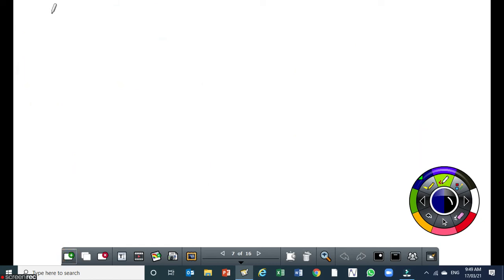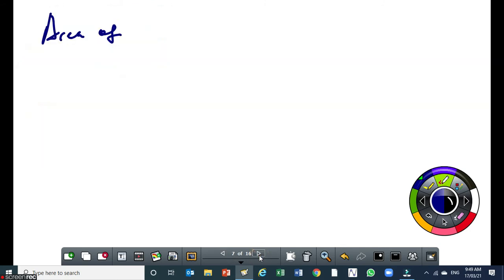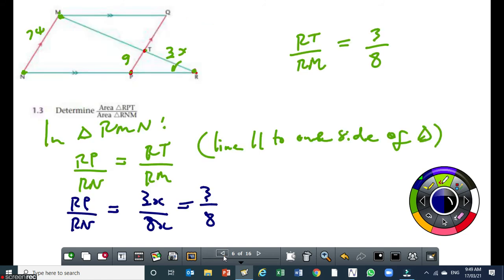I'm going to say area of triangle RPT is equal to. Do you agree with me that if I use the area rule, it's going to be half RT times RP?